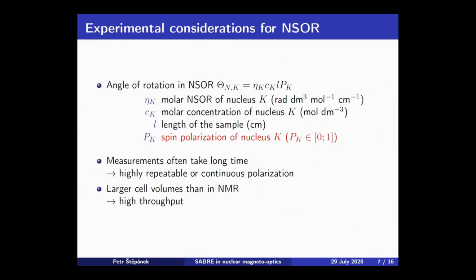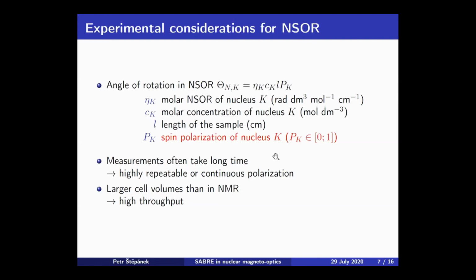What we can change is the molar concentration of the nucleus, the length of the sample by, for example, bouncing the beam back and forth several times, or the most importantly, the spin polarization, because this is where we can get several orders of magnitude. We cannot really improve, for example, the molar concentration by orders of magnitude because it is bound by the physical properties of the sample.